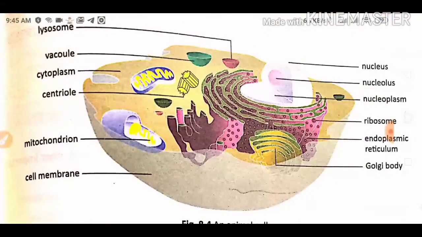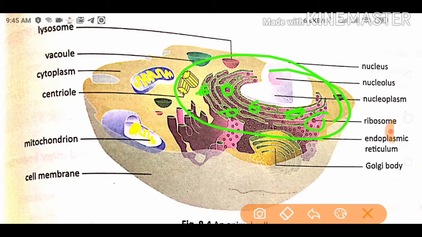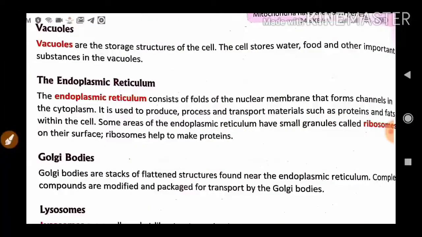So you can see here, this structure is the endoplasmic reticulum, and it is responsible for the production of proteins and fats, and small granules of ribosomes are also found within them, which are responsible for the production of proteins.